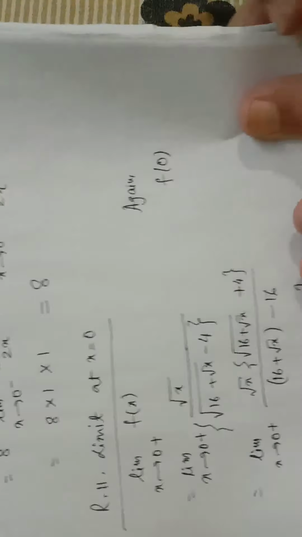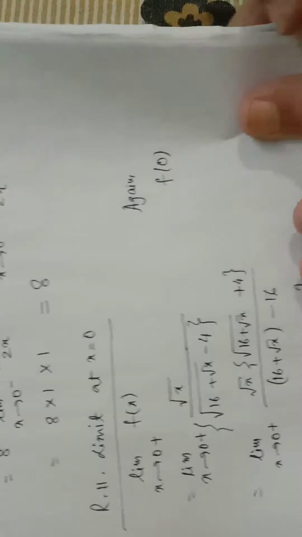Limit x tends to a plus f(x). X tends to a plus means x is just greater than a. Let us take an example, x tends to 3 plus, x minus box of x.